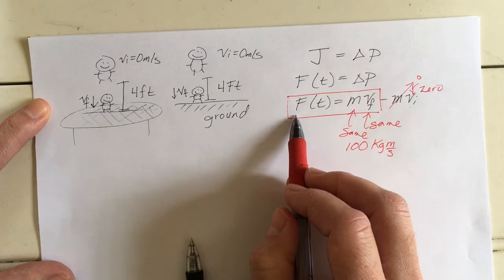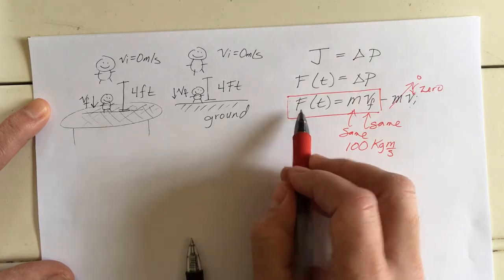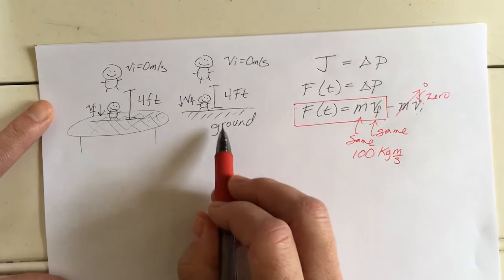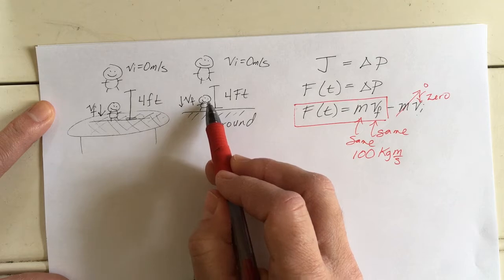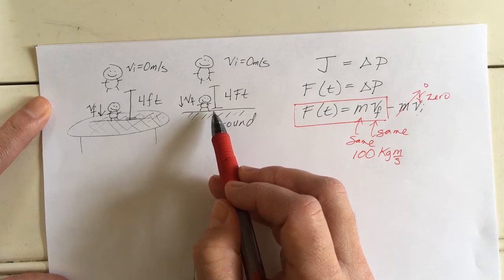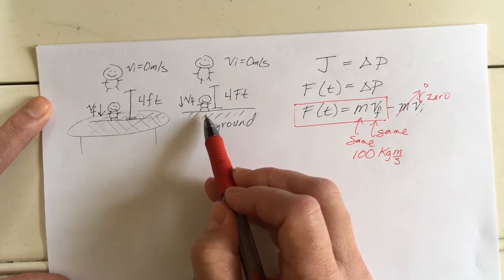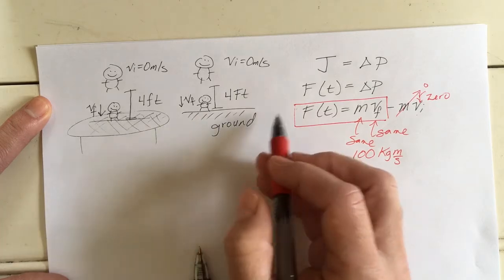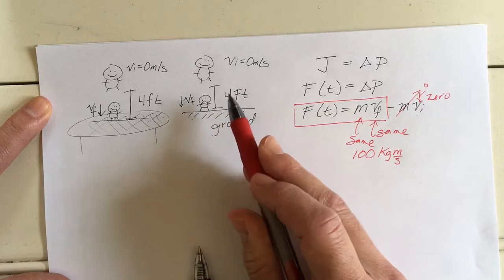But my point is that when you make this jump on the ground, you're going to experience this force as you hit the ground, right? There's going to be a force upwards, and that time value from the ground of that force is going to be very small. So the ground is going to impart a force to you upwards, right?